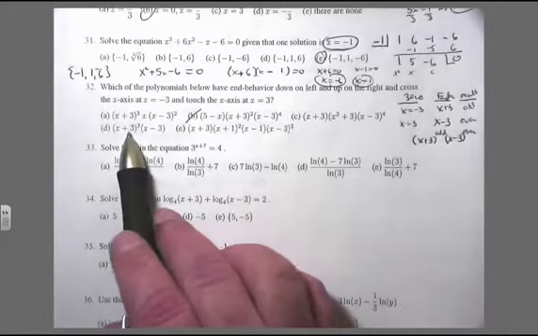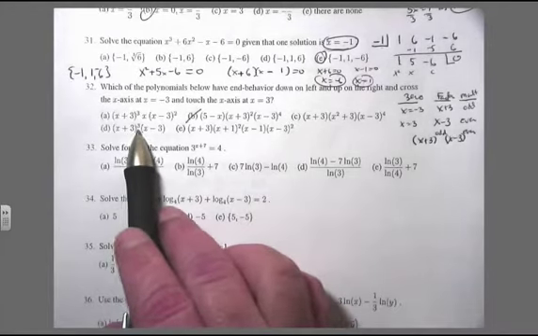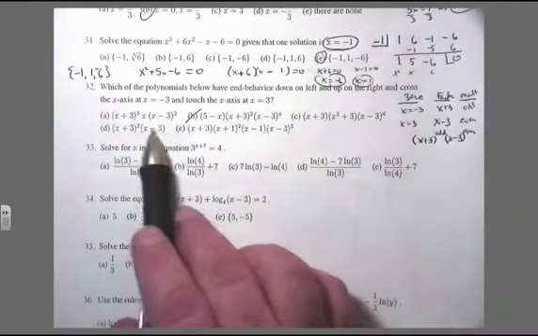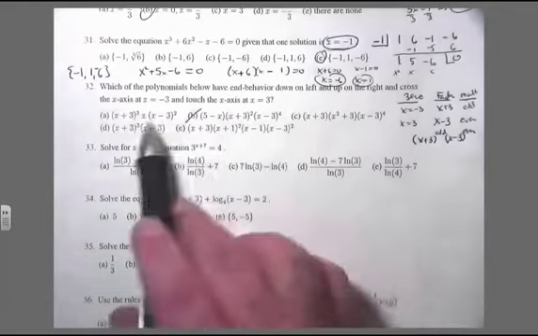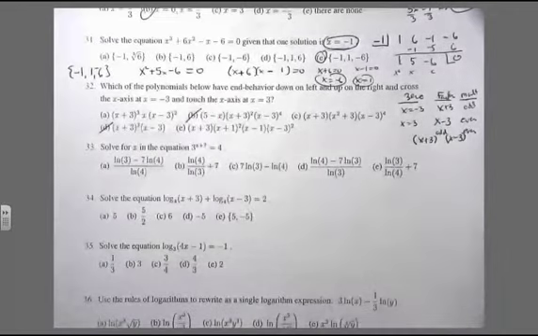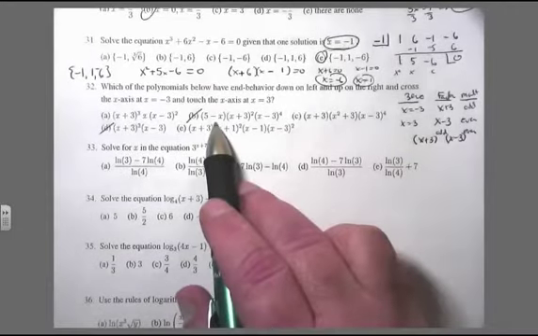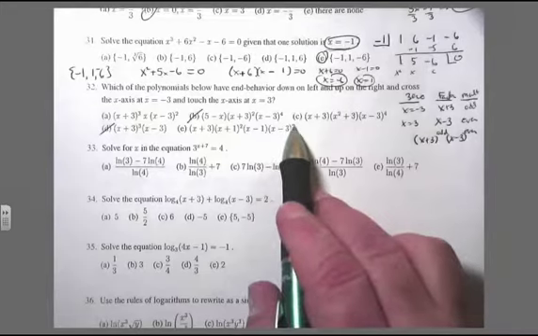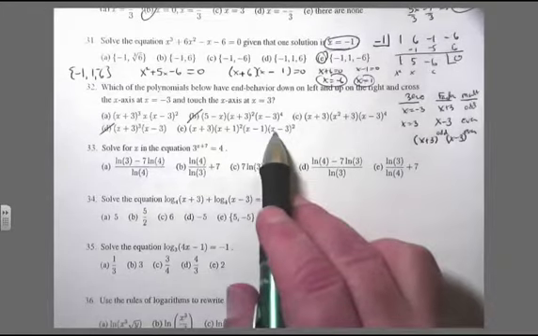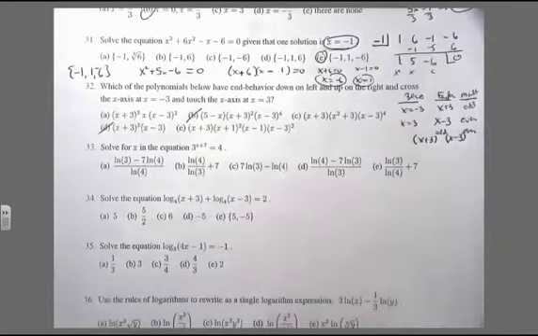This one, x plus 3 cubed. x plus 3 is to the odd power, but x minus 3 has to be to the even power. That's to the first power. So this one's off. And then the last one, this is x plus 3 to the first. That's an odd power. And I've got x minus 3 squared. That's an even power with this extra stuff. So this is a possibility.